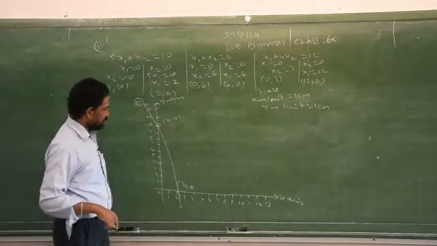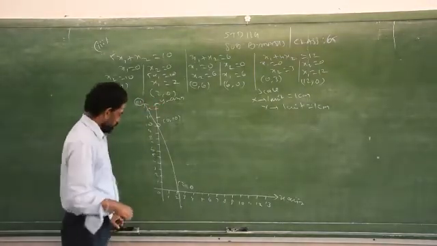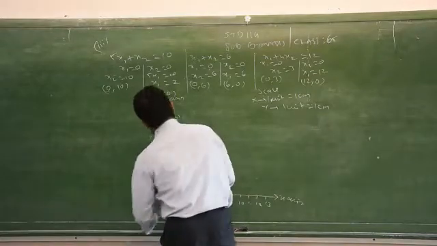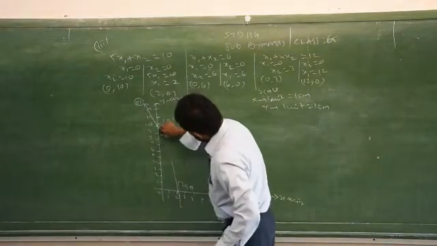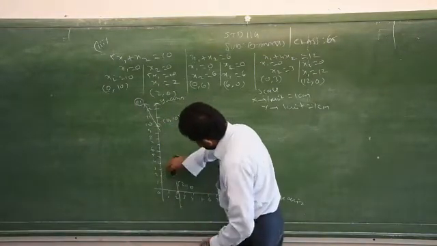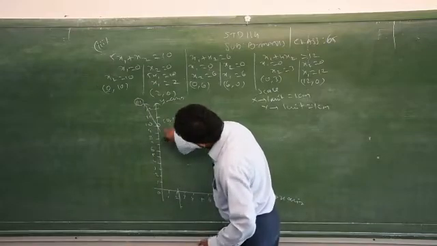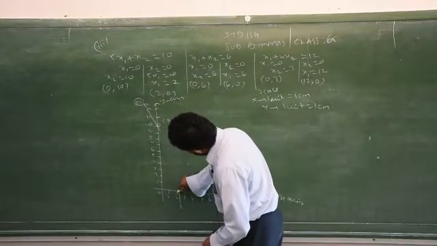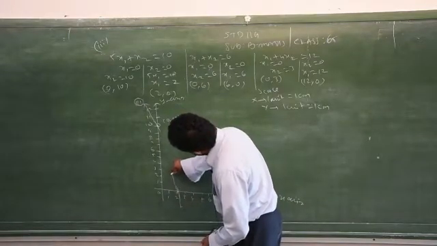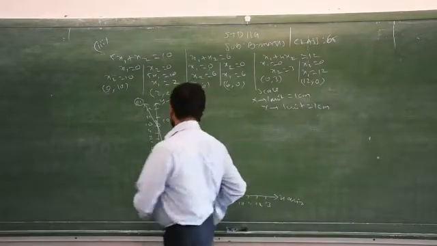Better for you to understand it. Clear? The next one, you can write straight away. Here I got some bend, but please use a scale and you will get exactly a straight line. Clear? So 2, 2, you can draw straight away.